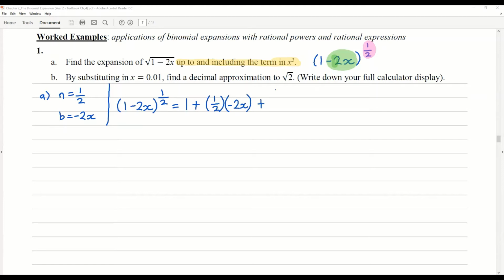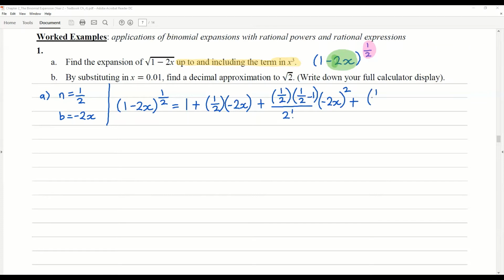Plus 1/2. So that's n multiplied by n subtract 1 over 2 factorial. And then we bring in the b squared. So that's -2x all squared. Okay. Right. And then we need the x cubed term.